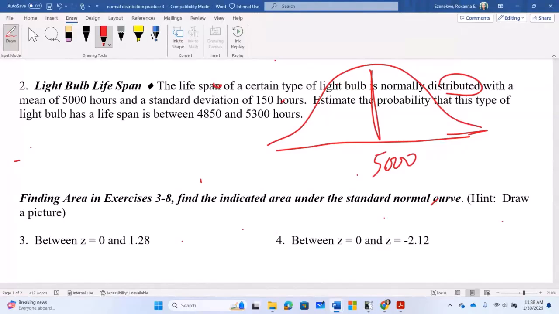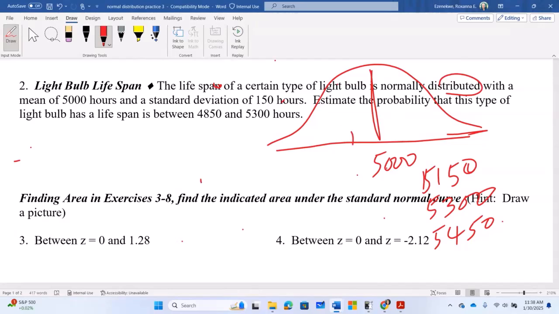So one standard deviation above the mean will be 5,150. Two standard deviations above the mean will be 5,300. And three standard deviations above the mean will be 5,450.